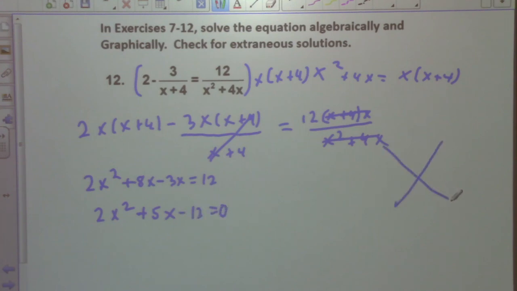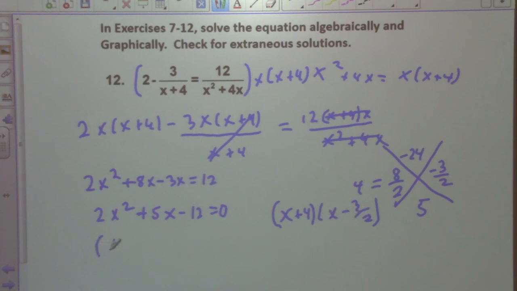Okay, x method: we got -24, and then 5, so 8 and -3, over 2 equals 4. And so we got x plus 4 and x minus 3 over 2, and this one becomes 2x minus 3.